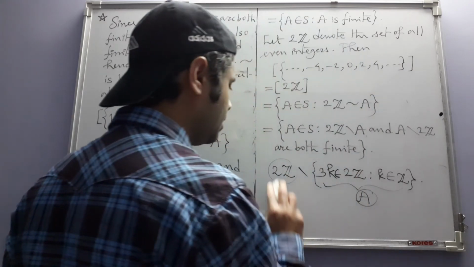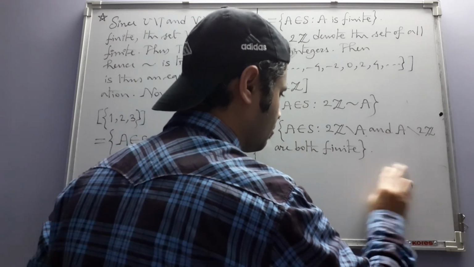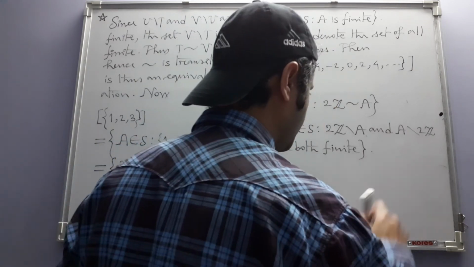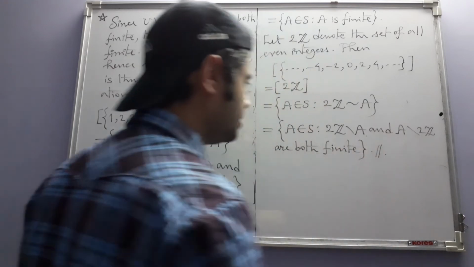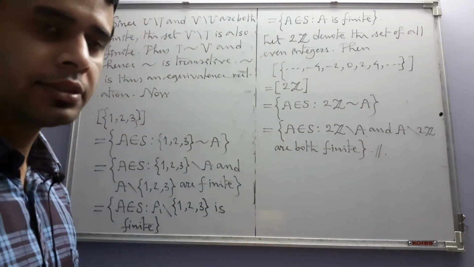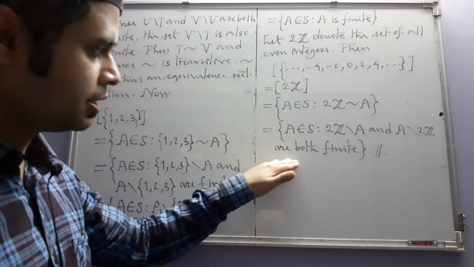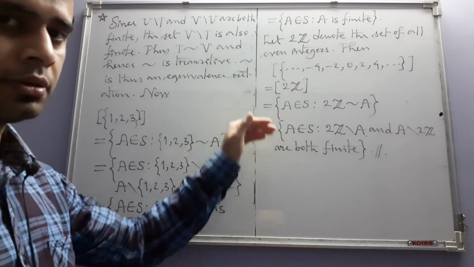So what I will do is that I will just simply leave this equivalence class here. From here, I urge you to say something more about a. So this actually is not complete.